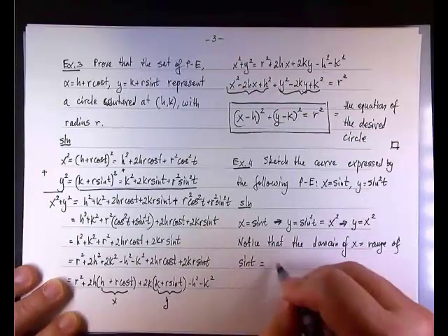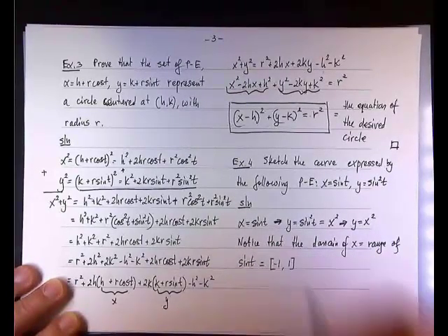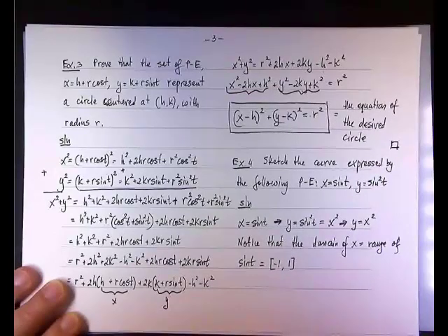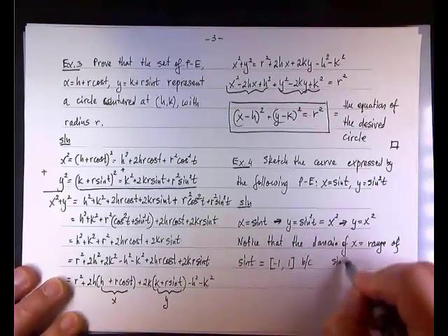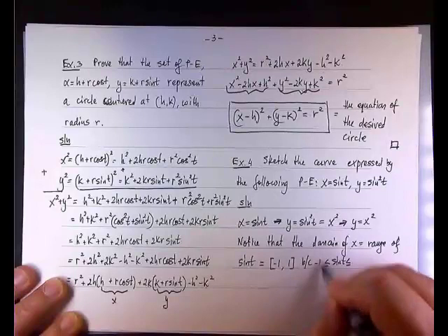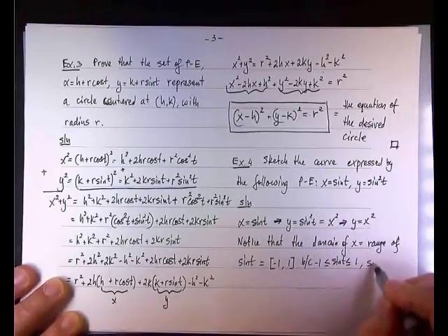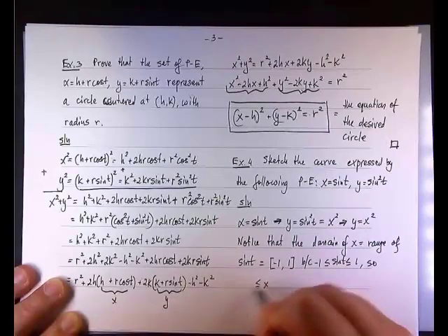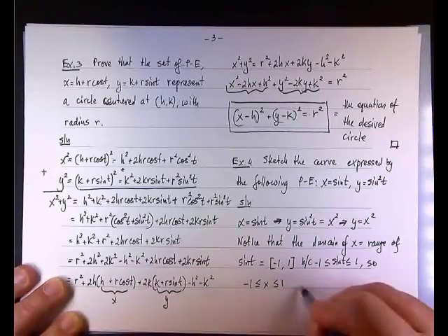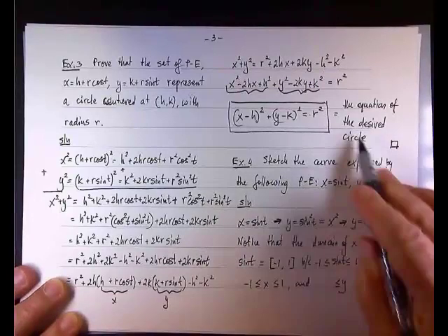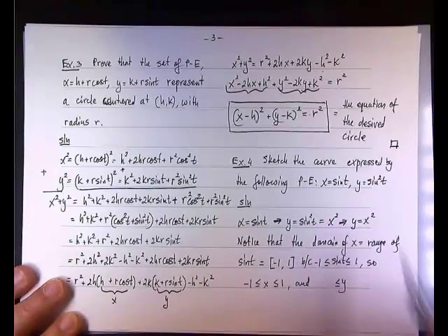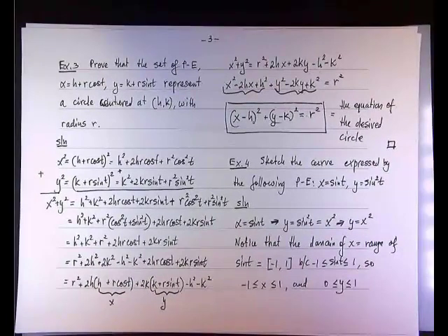And the range of sine t, if you remember, is -1 to 1, right? Because the sine function can go from -1 to 1. So x goes from -1 to 1. And therefore y will go from, since y is x squared, y will go from 0 to 1.